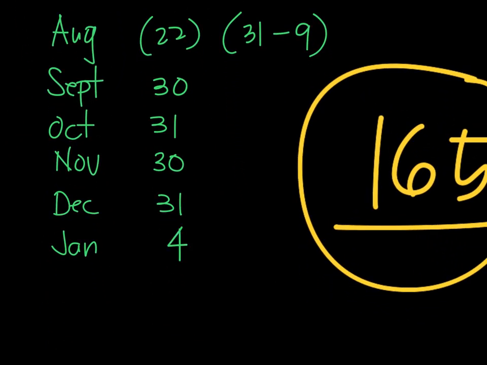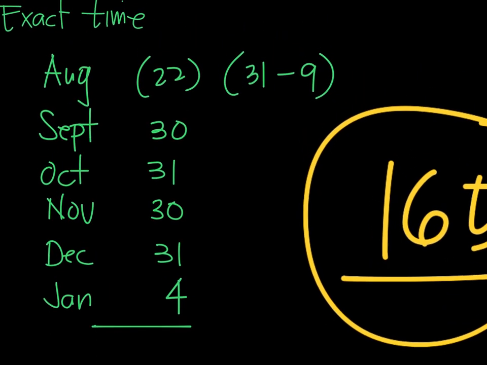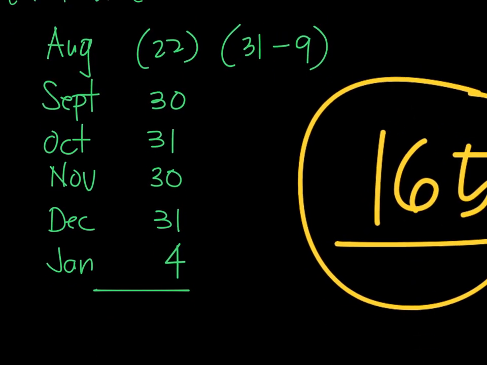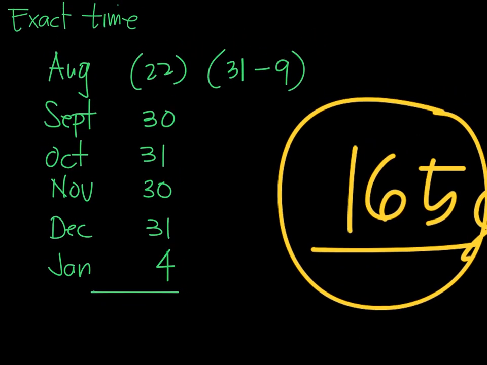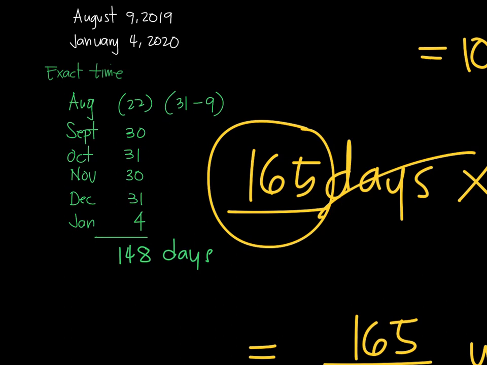So from August 9 until January 4, the number of days will be 22 plus 30 plus 31 plus 30 plus 31 plus 4. That's a total of 148 days.